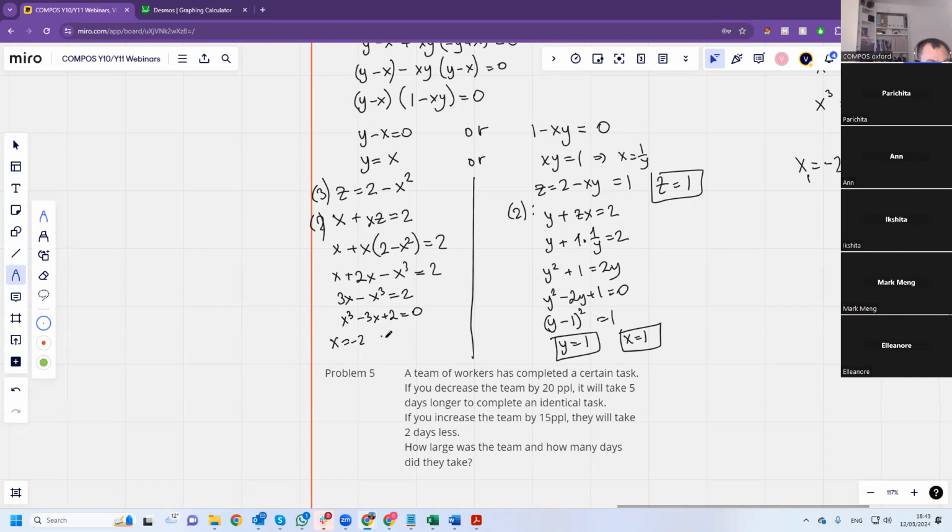That means that y is also minus 2 and z is also minus 2. Very easy to show. That's the second solution. So answer, we have 1, 1, 1, and minus 2, minus 2, minus 2.